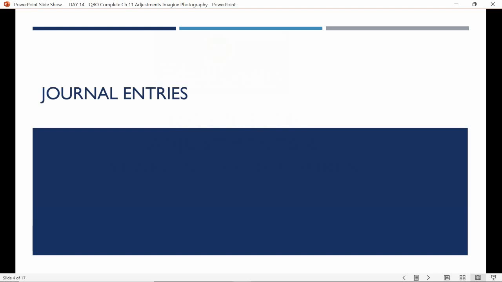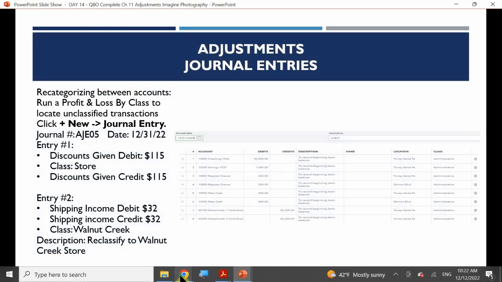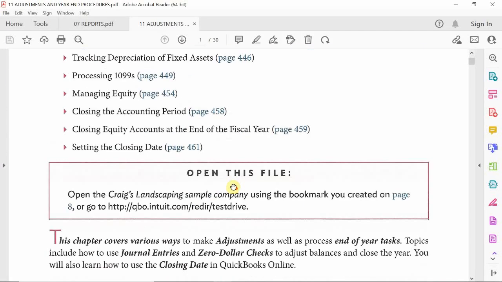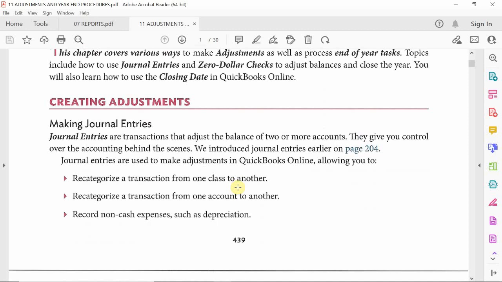So, making your entries. Now, adjustment entries are going to be determined based on your journal entries, okay? So here, if you take a look in your book, there are a few adjustment entries that are necessary to complete. For instance, you would use a journal entry to recategorize any transactions from one class to another class.